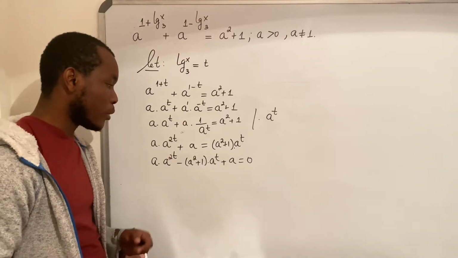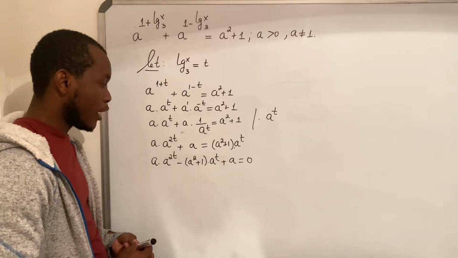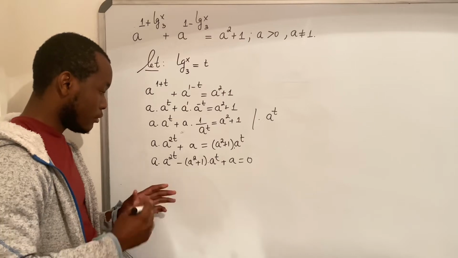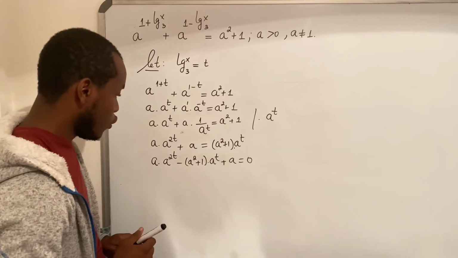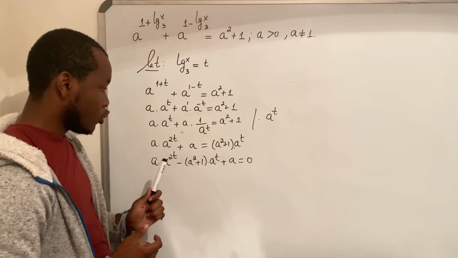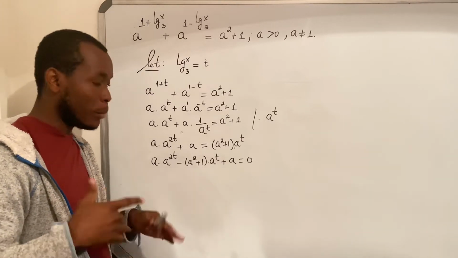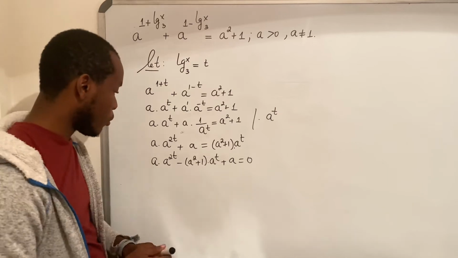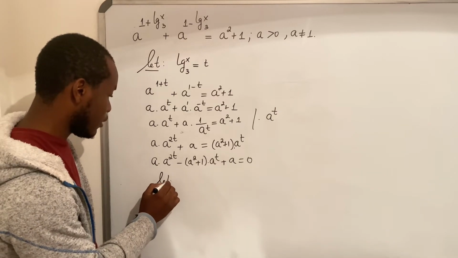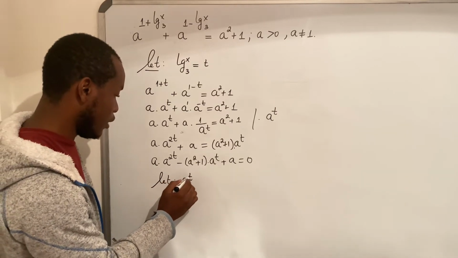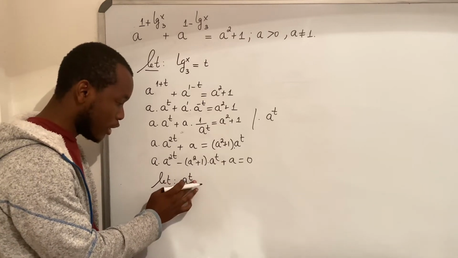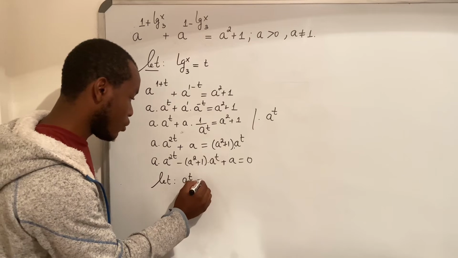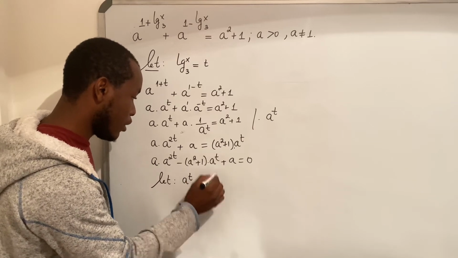It looks like a quadratic equation. We know a is a constant, so we can let this be like any other variable, for example m. There's no problem. We can let a to the power t, because this is an unknown expression since t is a variable and a is a constant, be equal to m.